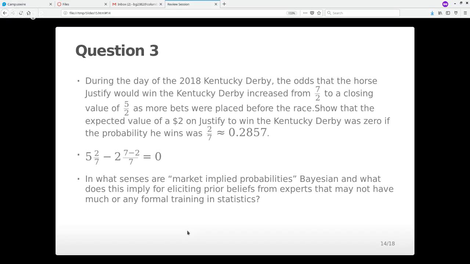They're also definitely subjective probabilities. There's no sense in which the 2/7 that the market arrived at before the race happened was a result of some frequentist thing where they secretly ran the Kentucky Derby a million times and he won 2/7 of the time. That did not happen, and it's not going to happen.